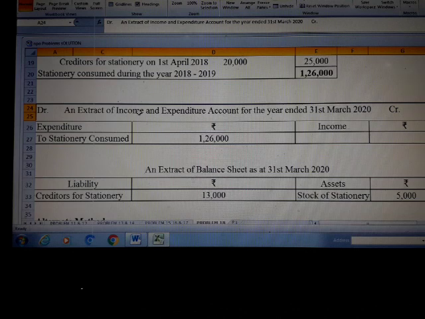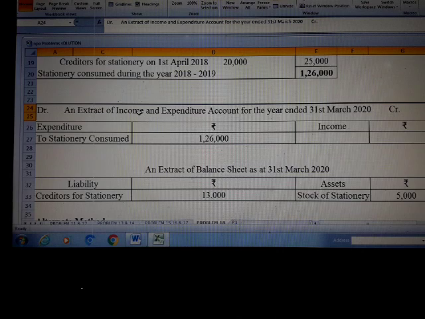What do you mean by an extract? An extract is nothing but only partial information will be available and it won't get completely tallied. You can't tally that particular statement or report. So an extracted file will either have data on both the sides or on any one side, and it will never get tallied.